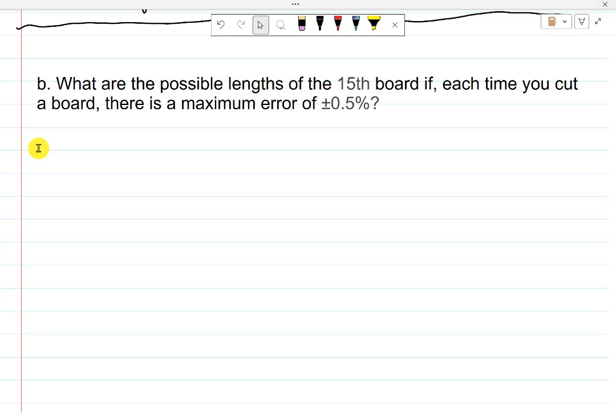So watch how, let me do board 1. We take it was supposed to be 48 inches, and then I want to subtract 0.5% from it. So this is the calculation you'll have to do.